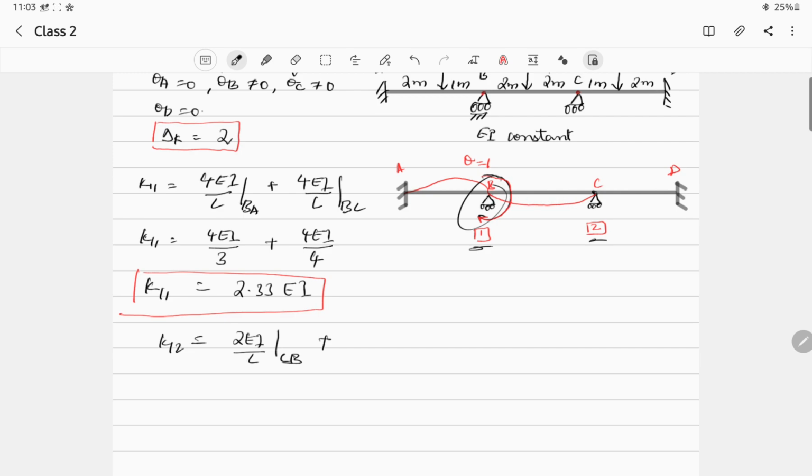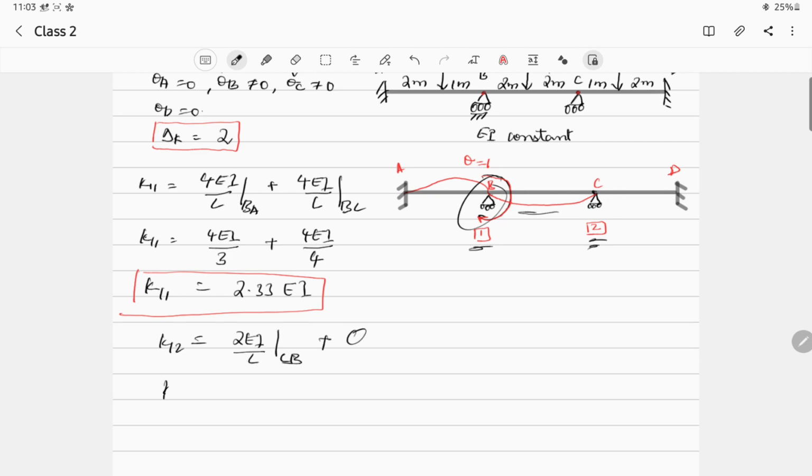When you consider this particular joint, only CB is getting deflected, whereas CD is not getting deflected. That is why it is 2EI by L only for span CB, whereas for span CD it is 0. There is no rotation because of this one.